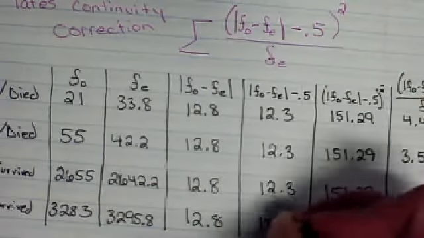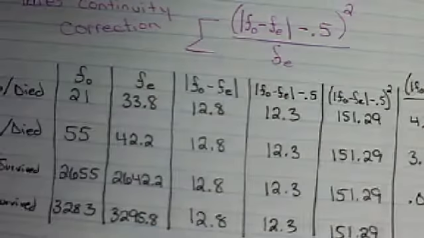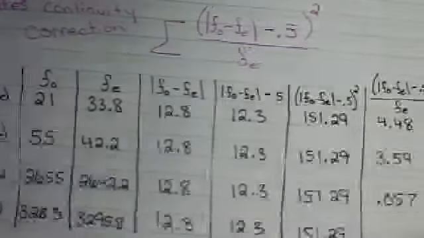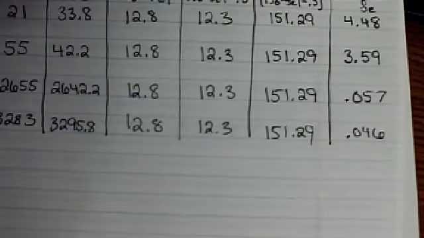Wow, this doesn't always happen, that they come out to be exactly the same. But notice what didn't come out the same. These values at the end came out very, very different.